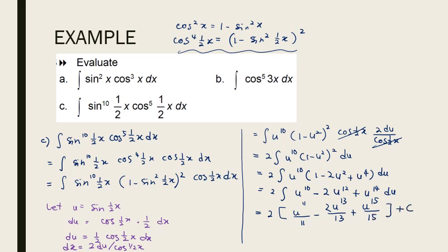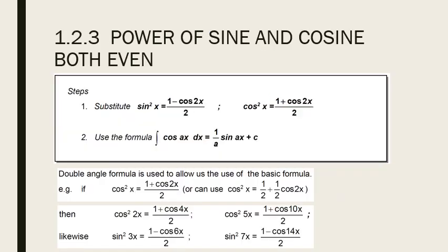Okay, substitute the u, then it becomes 2 sin power of 11x over 11 minus 2 times 2 sin power of 13x over 13 plus 2 sin power of 15x over 15 plus c. So, this is the answer. Okay, so it's long but easy. Alright. Okay, so we continue to next.